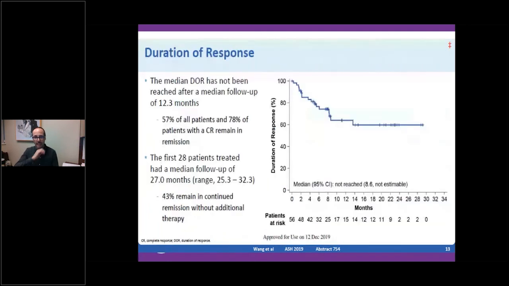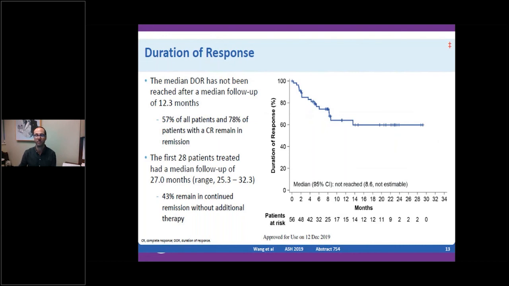But what I find interesting is the duration of response. So they all get their treatment at time equals 0. And yes, there are patients who experience a progression of their disease, but then the curve flattens out and you don't see that curve dropping anymore. And what's even more interesting, if you look at those patients who had a complete response, the majority of them continue to have a complete response.